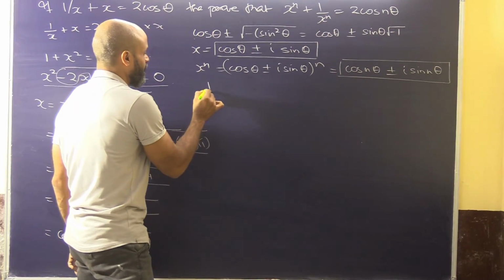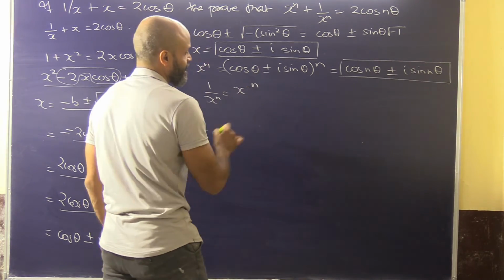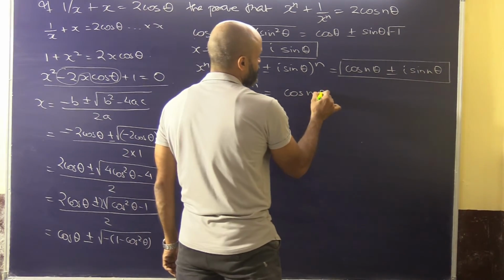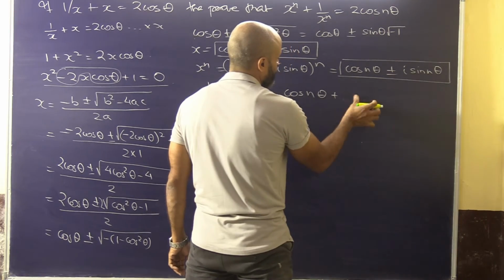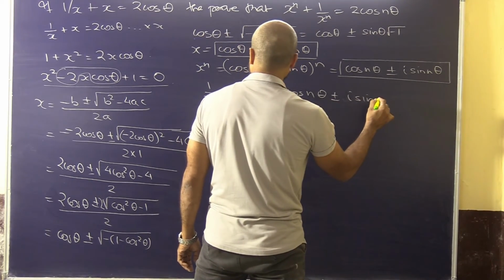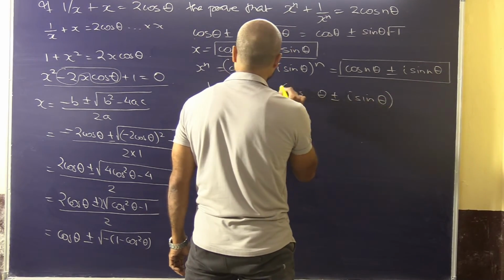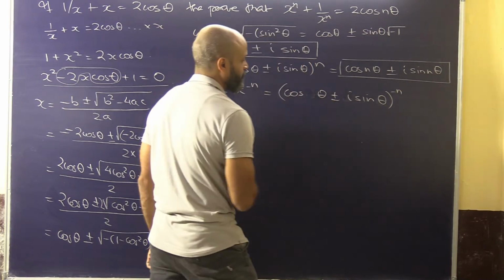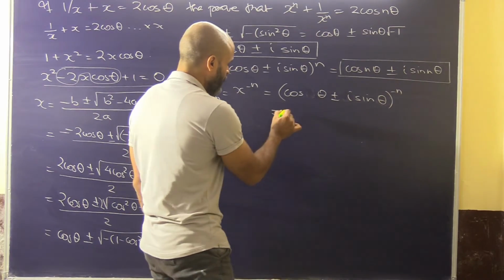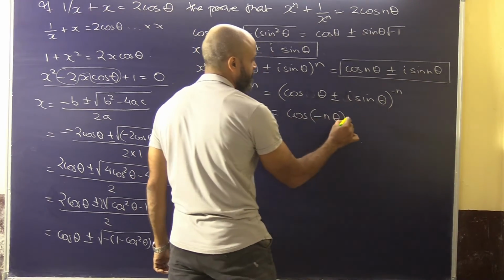Now if I have 1 by x^n, this will mean x to the power of minus n, which will mean (cos θ ± i sin θ) to the power of minus n. So how is this going to change? Here we will have cos(−nθ) ± i sin(−nθ), applying De Moivre's theorem.